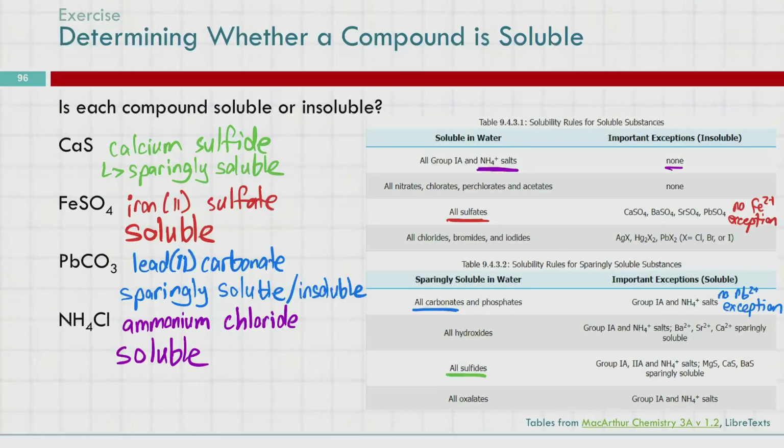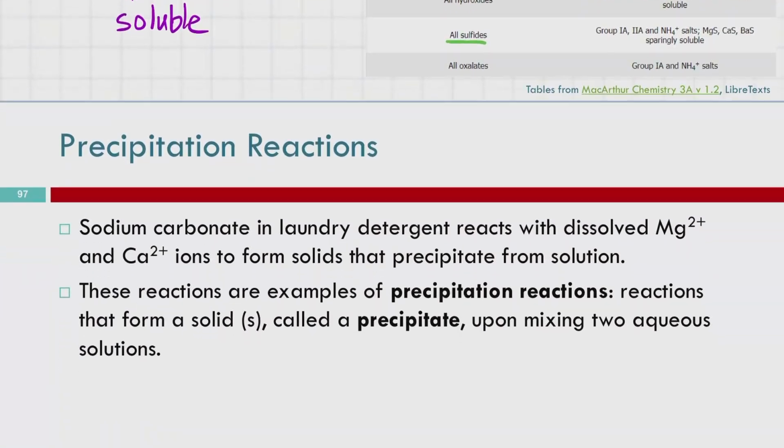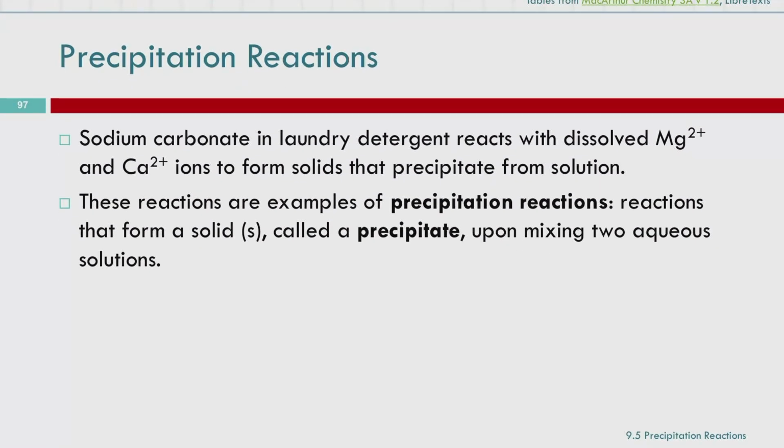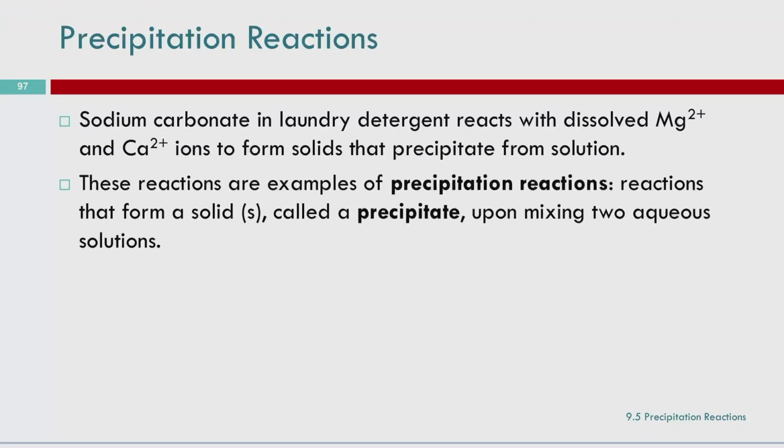Questions about how we read or found any of those? Great. Part of the reason that we're learning how to read these solubility tables is so that we can do stuff with precipitation reactions. You may know that laundry detergent is good for washing laundry, and dish soap and hand soap are not quite as good.